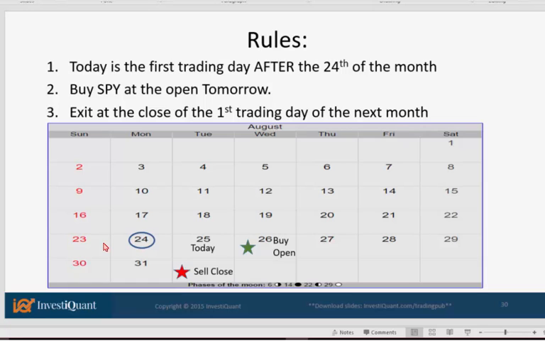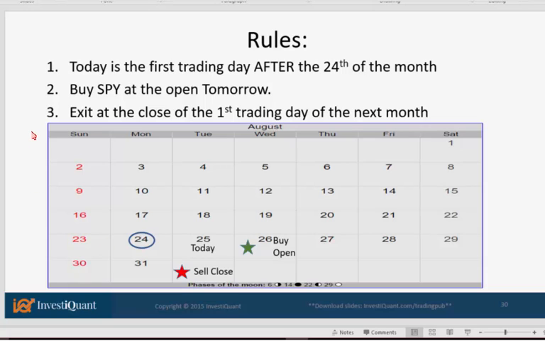The most common theory is that there tends to be a lot of inflows into the stock market near the end of the month or on the first of the following month, and that large portfolio managers know that these flows are coming from 401k funds, and so they need to put their capital, or the anticipated capital, at work over that time, and that tends to push the market higher.